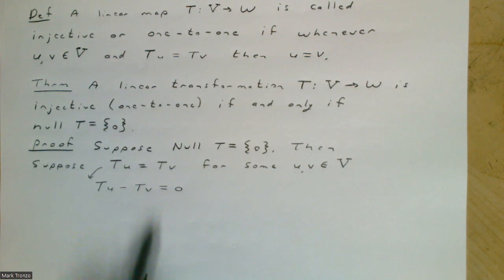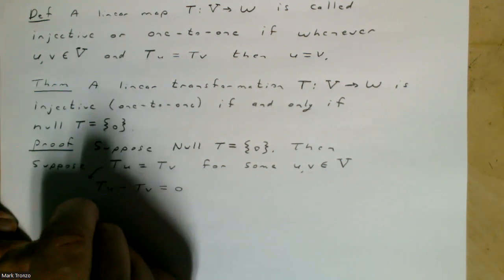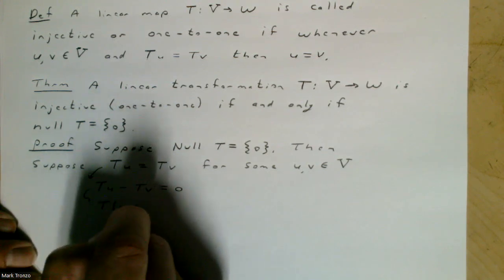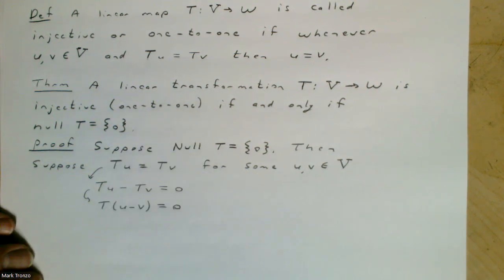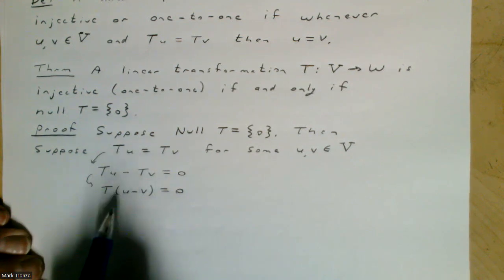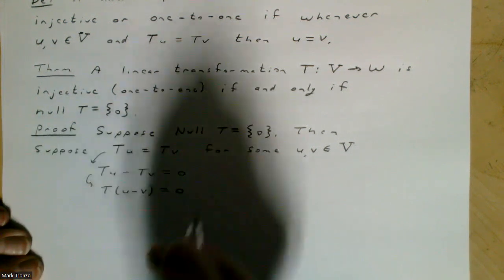And again, remember, because of the rules of transformations, we're allowed to say T of u minus v is 0, because we do have a linear transformation. So now what does this mean? Since T of u minus v is 0, this implies that u minus v is in the null space.